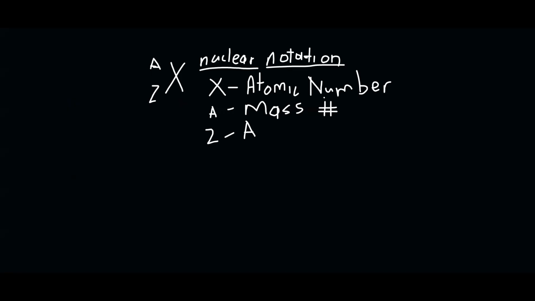So X would be the atomic symbol, and Z would be the atomic number. This is how we write the nuclear notation of any element, with the mass number as well as the atomic number.